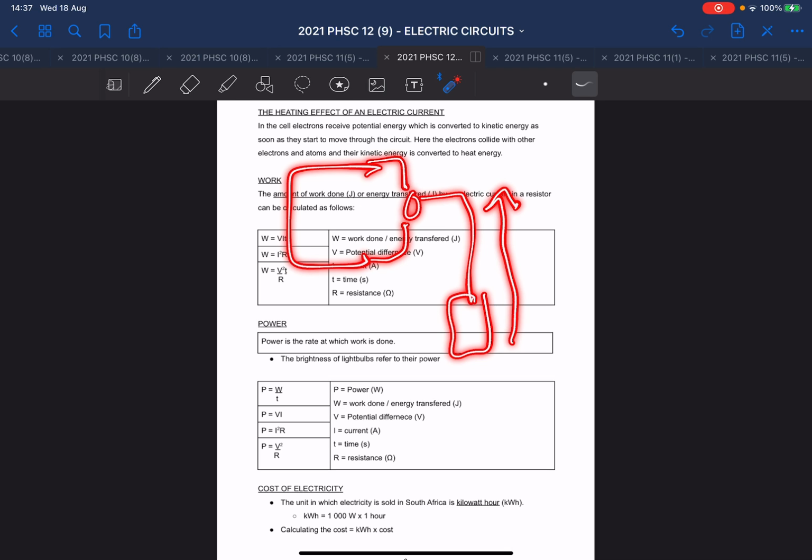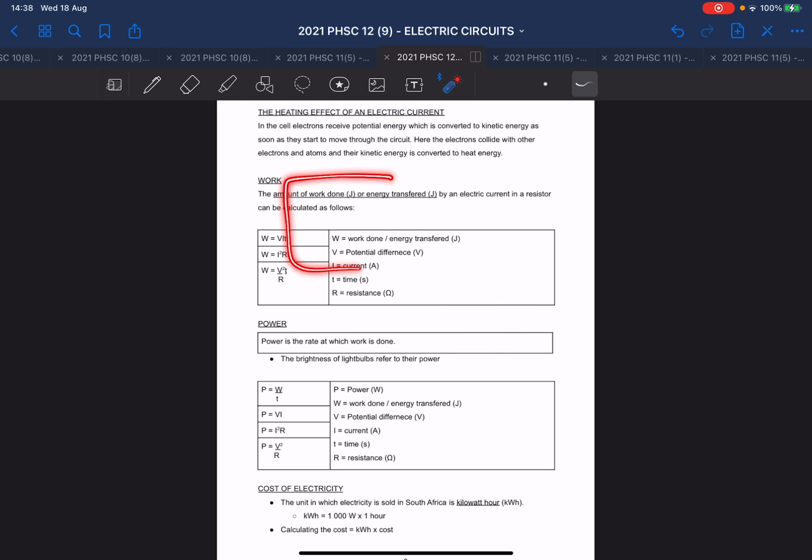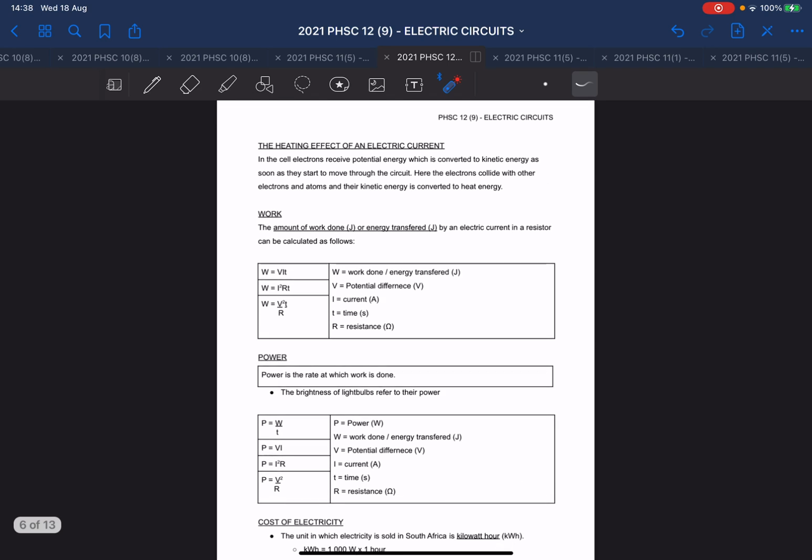So they can ask you, if you have the circuit and there's a little motor in the circuit, what is the power of the motor? And if you have the power of the motor, they can ask you how long it takes to pull up a bucket of water of this mass up to a height of that with a constant velocity. They have done that in the past. But we'll get there.